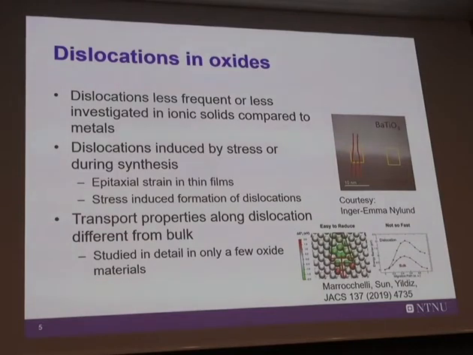There is a larger and larger interest in understanding what the dislocation means with respect to functionality. One of the things which has been studied quite a lot lately is transport along those dislocations in different oxide materials. This has come about because of all the interest in memristors, where edge dislocations are important. So, for example, this is an example of a dislocation in a typical perovskite material, where we have shown that the chemistry going on at the dislocation is quite different from the bulk surrounding the dislocation.